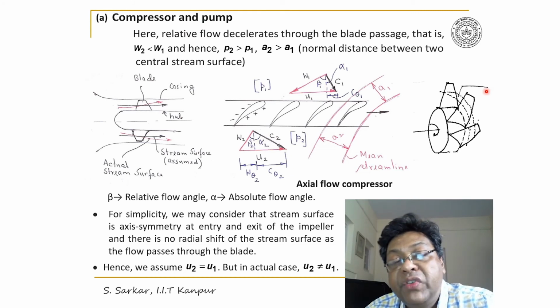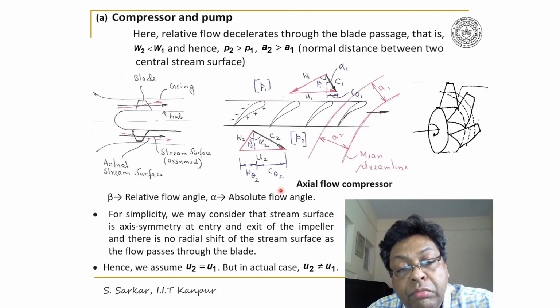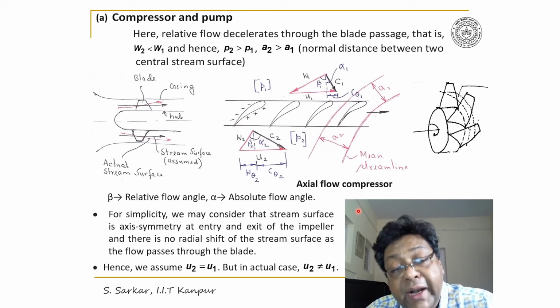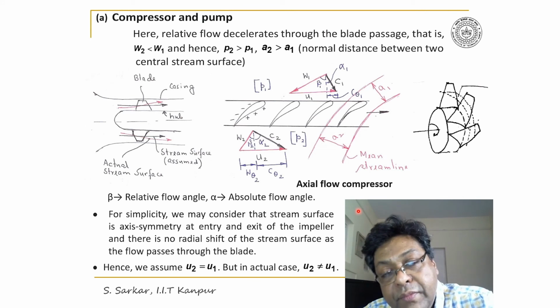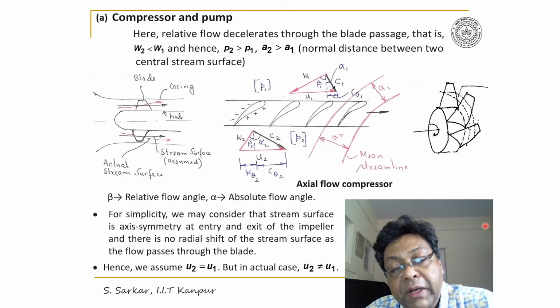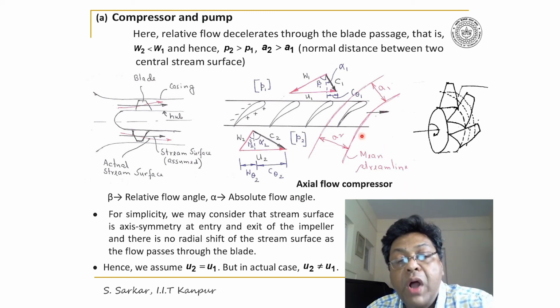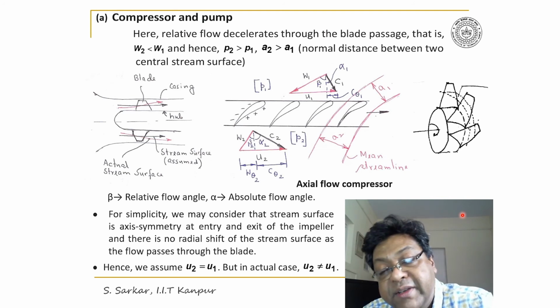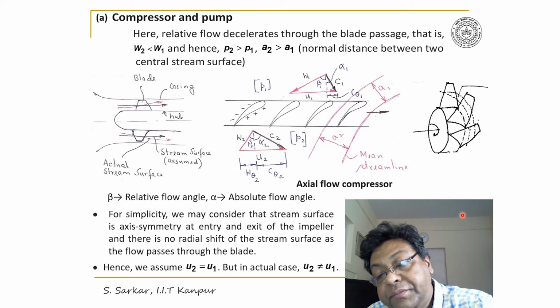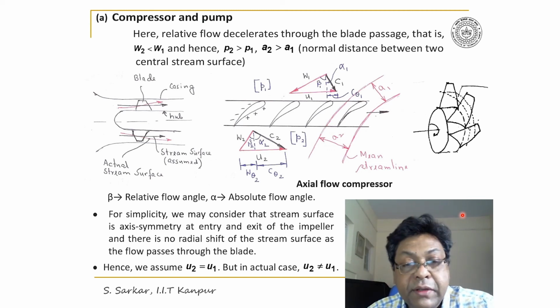Furthermore, here I have considered two relative streamlines passing through the mid plane between two neighboring blades. And I have considered A1 and A2 to be the nominal distance between these two streamlines.